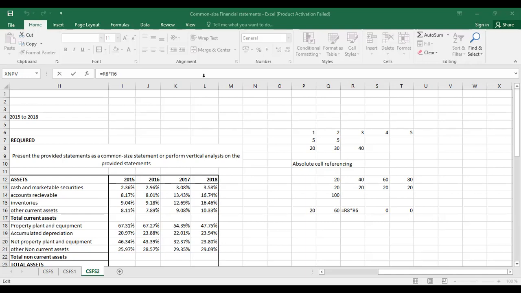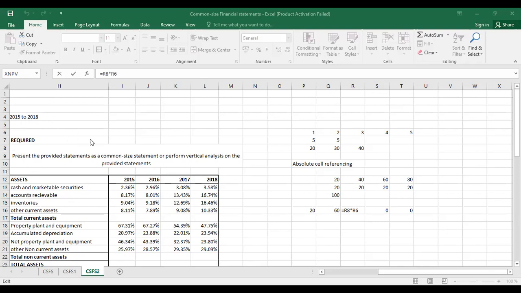Yes, there's someone who has given a good explanation. Let me see Zach. Zach says locking is dependent on the row or column. So if you want to lock a cell from moving, you use the dollar sign in front of the cell reference. It can be a number or letter. Remember, if it's a letter, it's columns, and if it's a number, it's rows.